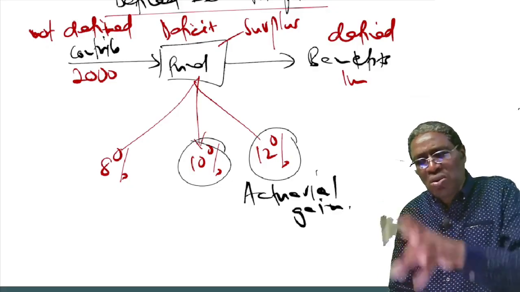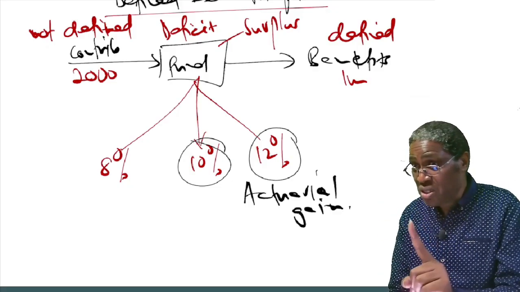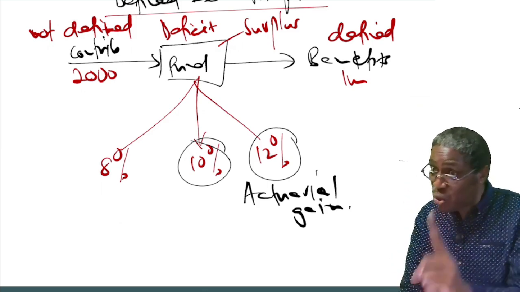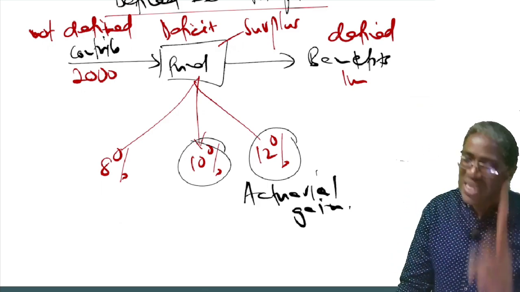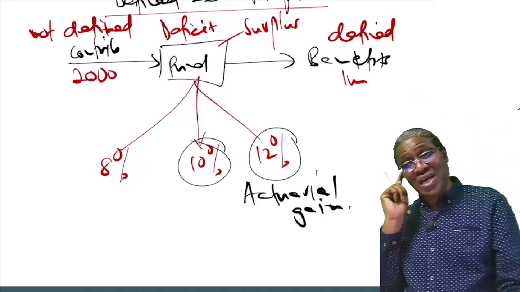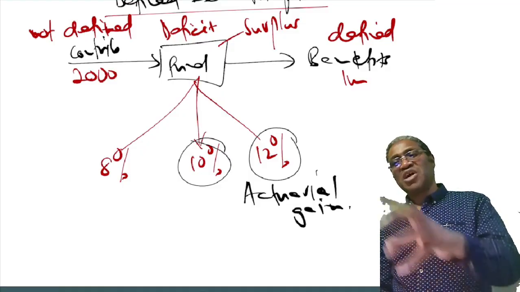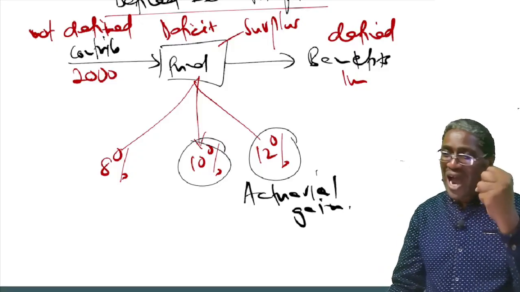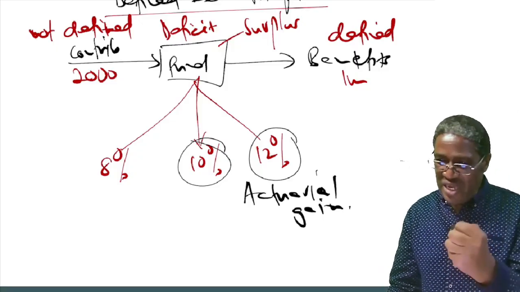So an actuarial gain occurs where the actual earnings exceed the projected earnings. We projected an earning of 10%, but our fund is now earning 12%. So our fund will have what we call an actuarial gain.